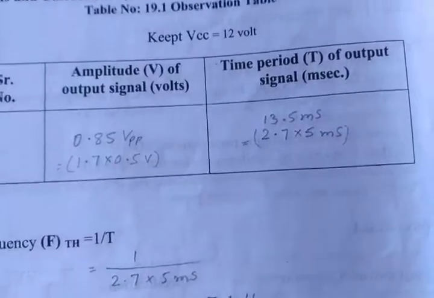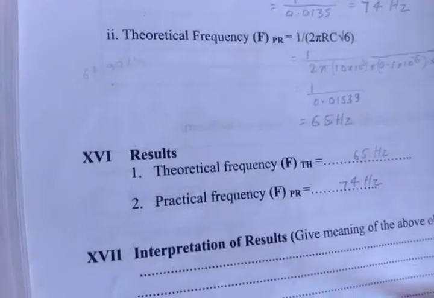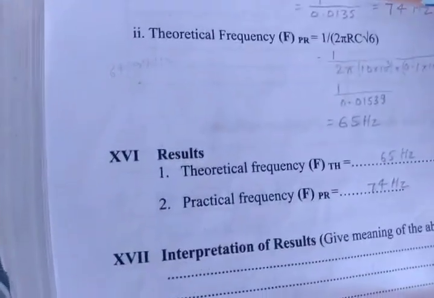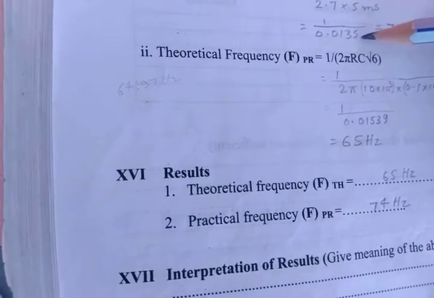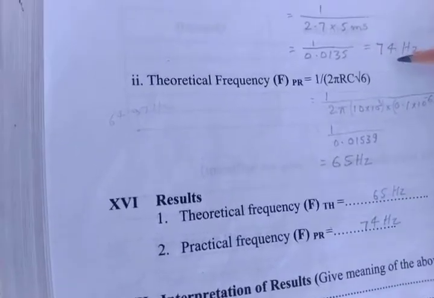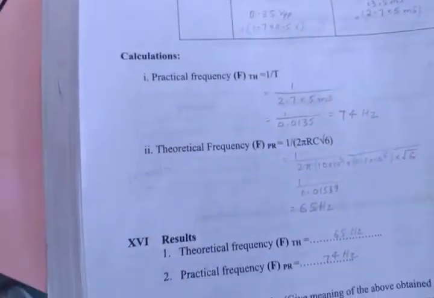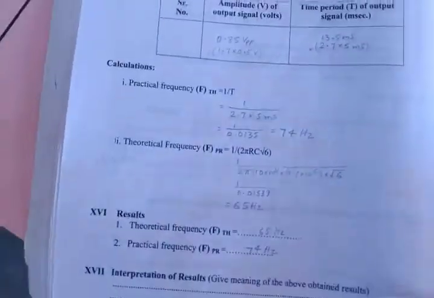So that comes to 13.5 millisecond, and putting that value in the practical, 13.5 millisecond or 0.0135 second gives 74 Hertz output frequency of the sine wave generated.